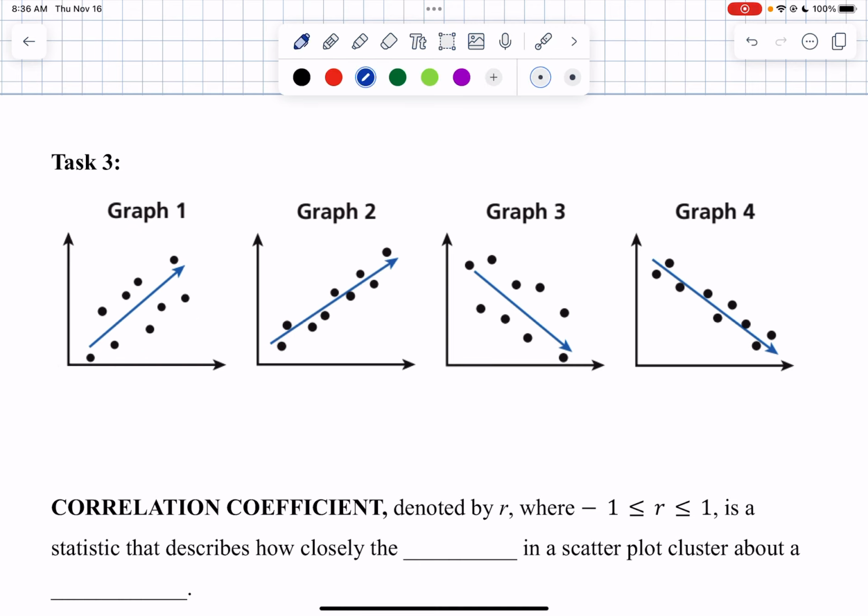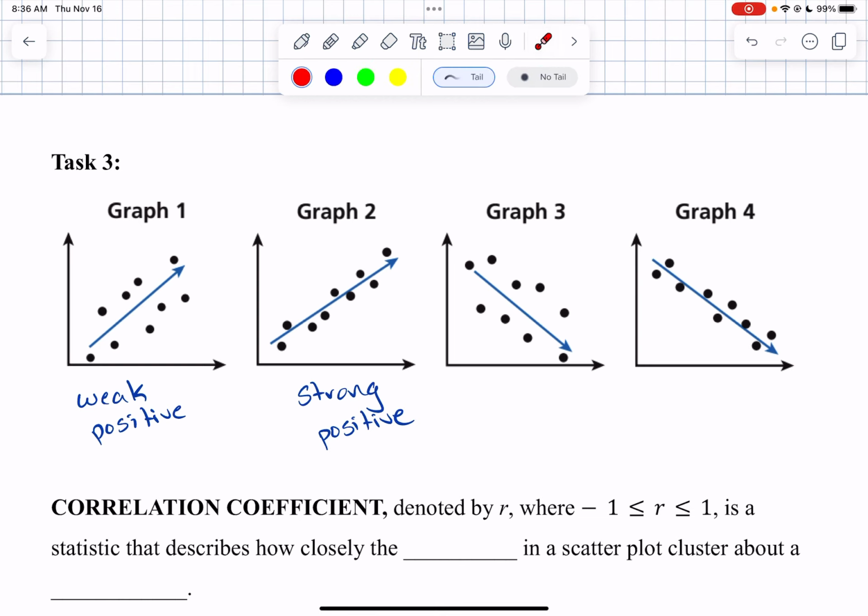So we say this first one has a weak positive correlation, whereas this one has a stronger positive correlation. So we use weak or strong to talk about basically how close the points are to all being on one line.